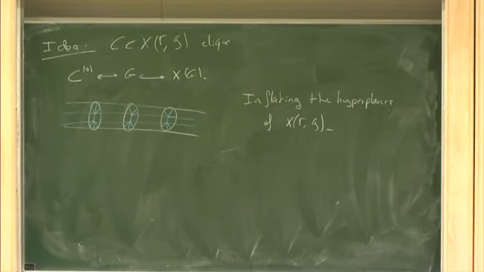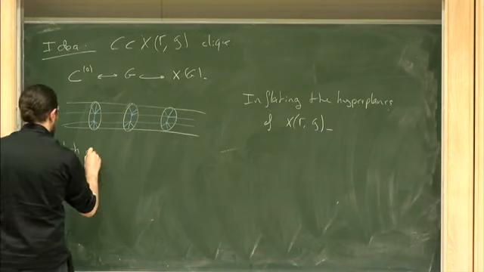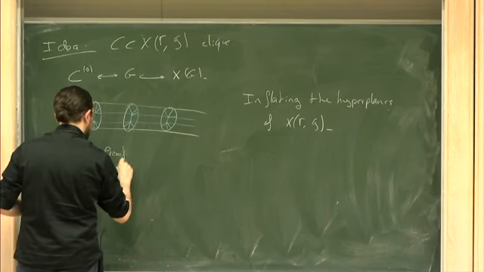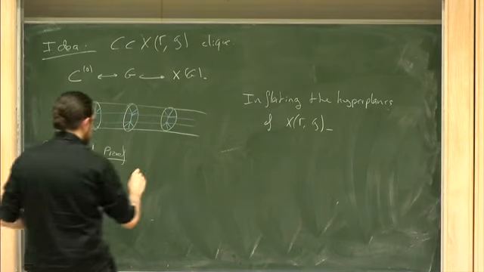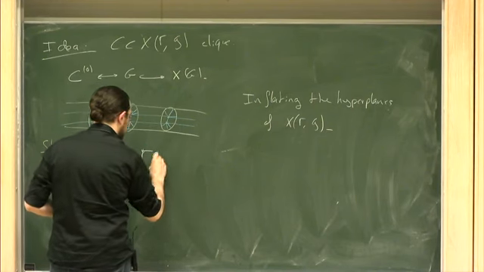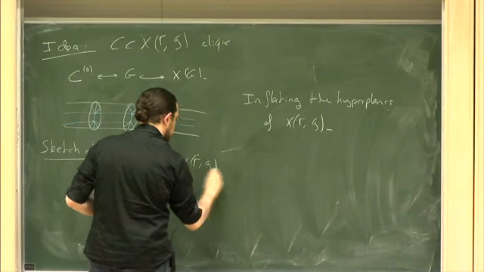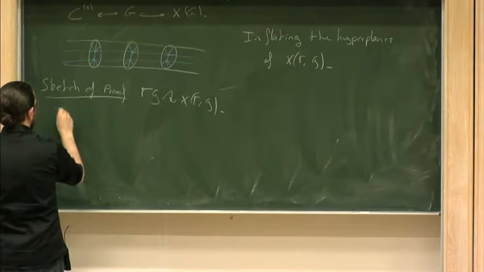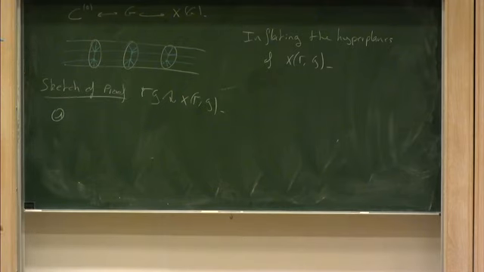Okay, and now I can sketch the proof of the theorem. Sketch of proof. Okay, so I start with the action of Gamma G on X(Gamma G). So step 1: by assumption every vertex group acts geometrically on some CAT(0) space.